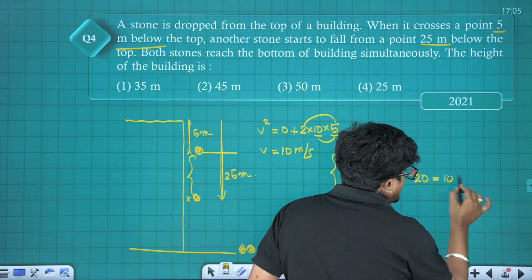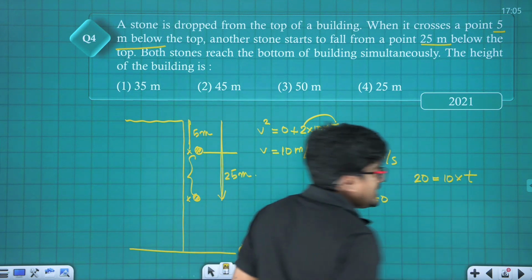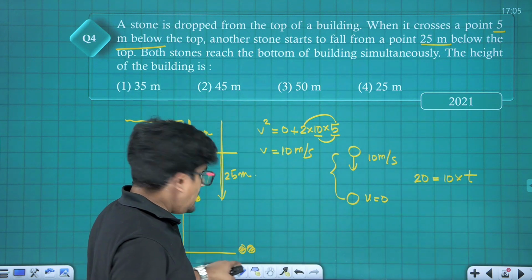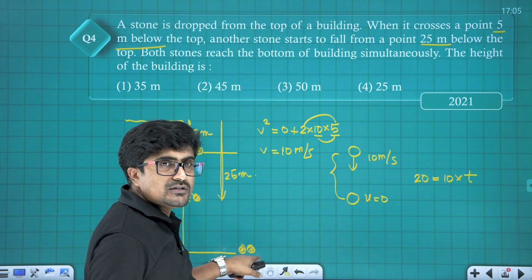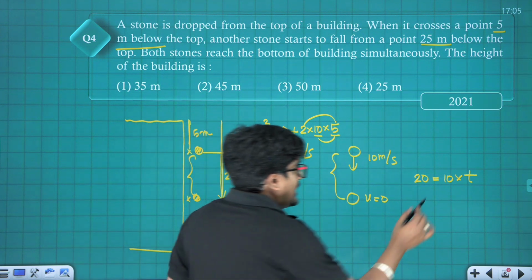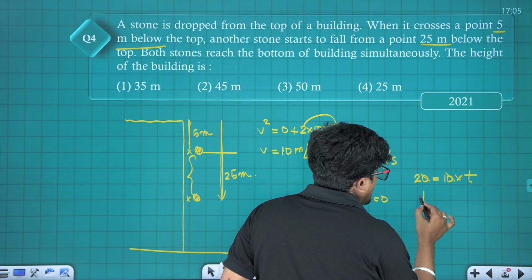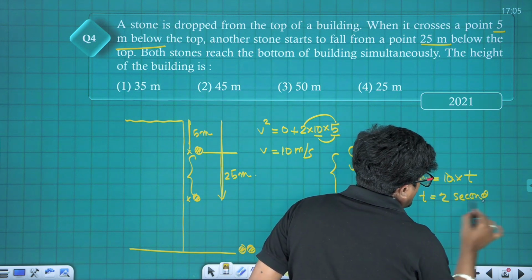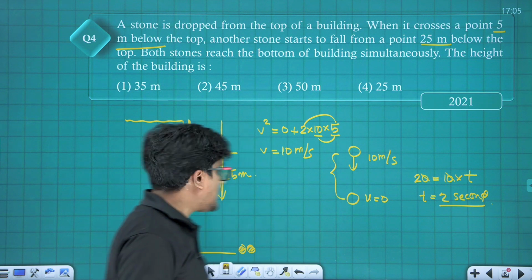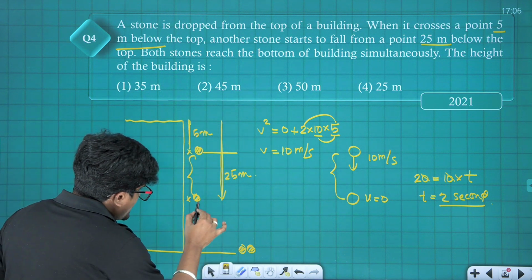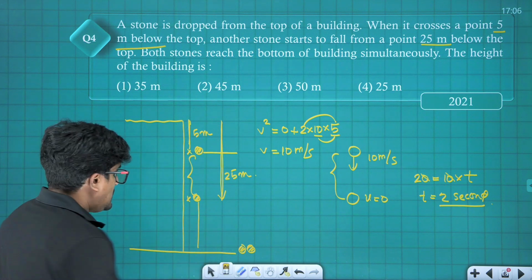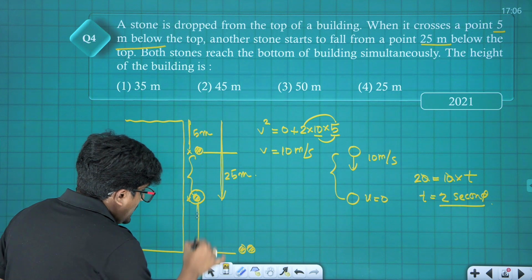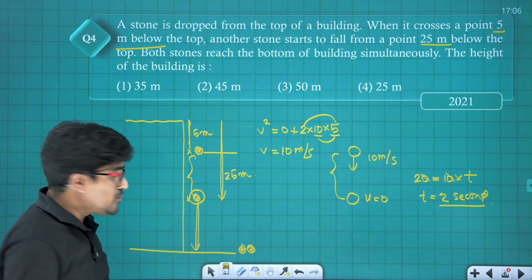Relative speed is 10. So the time taken is going to be t, that means they will be simultaneously reaching the ground after t time, and that is equal to 2 seconds, which means this particular body is reaching the ground after 2 seconds.